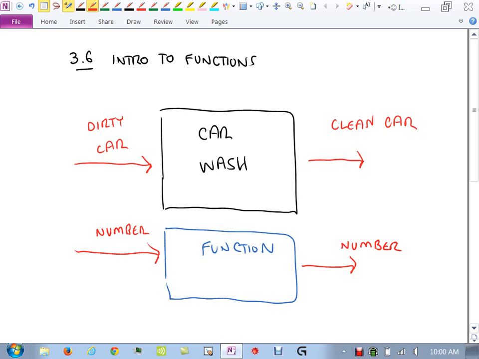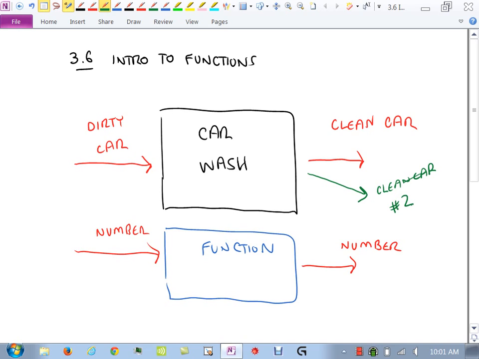Now, when you have this idea of a function, there are some important things we need to note. A lot of people look at these pictures and think, we're adults, you don't have to treat me like a kid. But there are some subtle and important things here. What if I draw an arrow coming out like this, and I put clean car number 2?